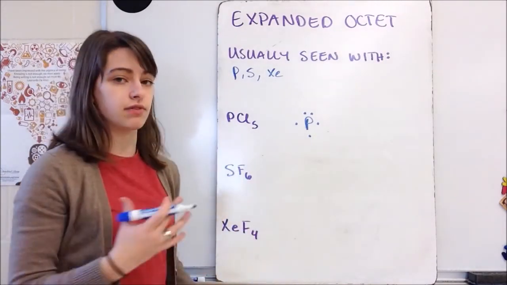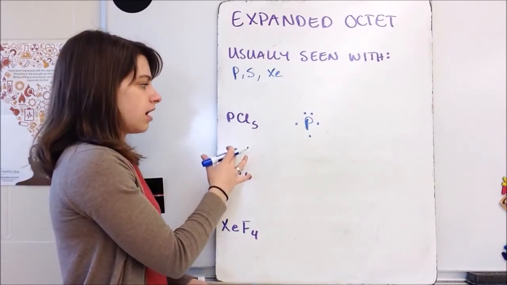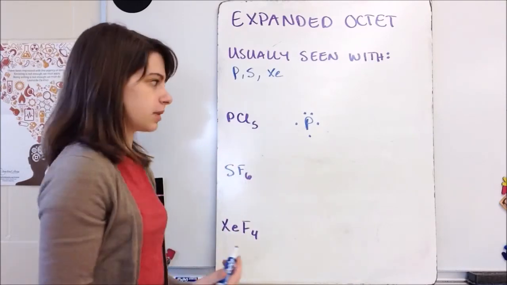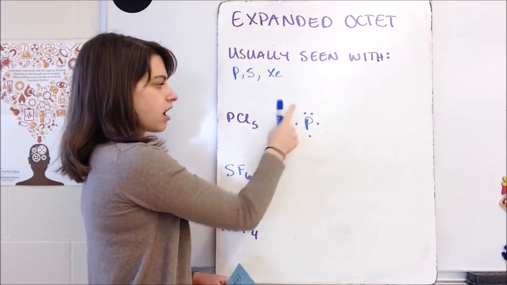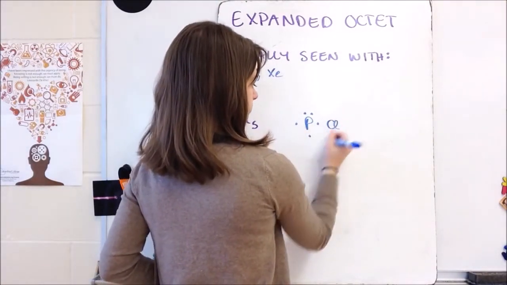This can happen. If we have a formula for it, we know that this can physically form, at least in our situations, and so we know that this is going to be an expanded octet. So that means each of these electrons, even these guys in the pair, are going to form a bond to a chlorine. So let's draw our chlorines in.